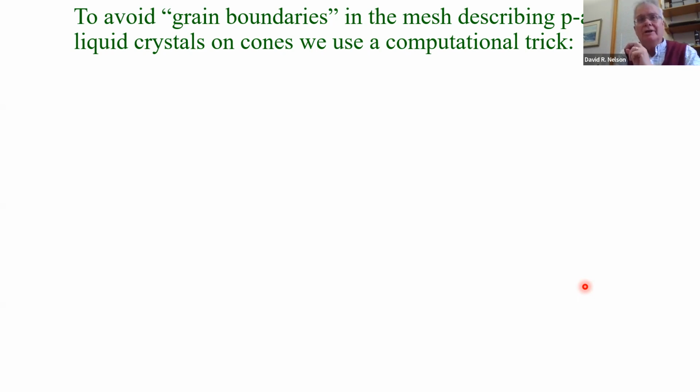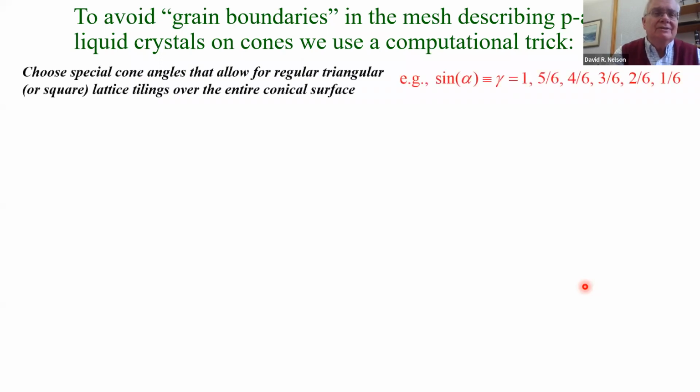except at special cone angles of commensurate curvature. And so, again, this is certainly fairly well known. There's a set of special cone angles that allow you to drape a regular triangular or square lattice over the entire conical surface.